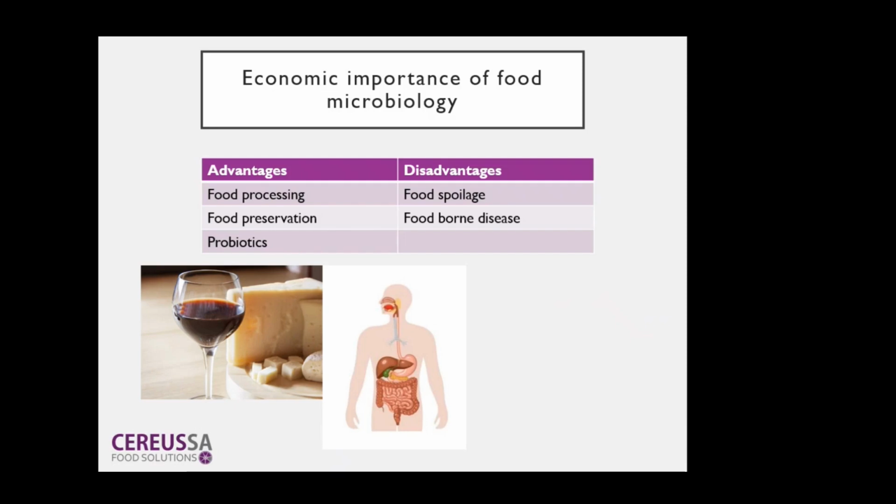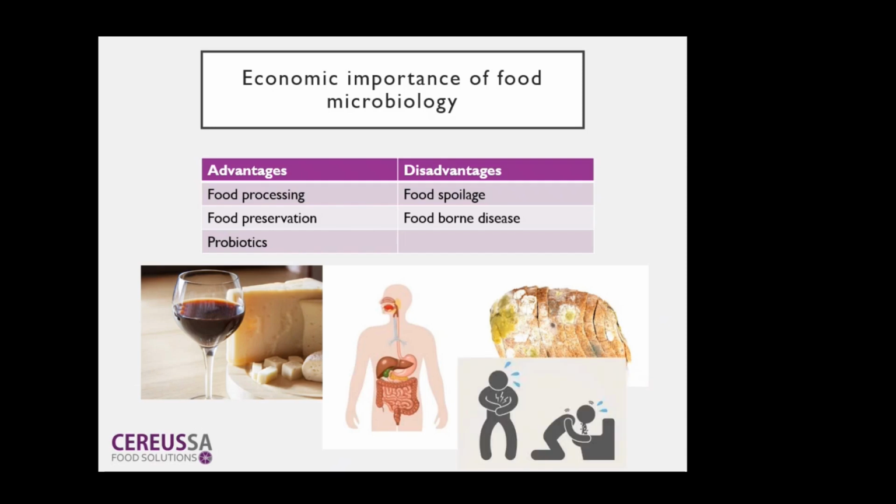There are various microorganisms that live inside the human gastrointestinal tract and need to be there in order to ferment your food. A disadvantage of microorganisms is that they are responsible for food spoilage and a lot of food waste. Some microorganisms can also cause foodborne diseases, actually resulting in illness and even death.